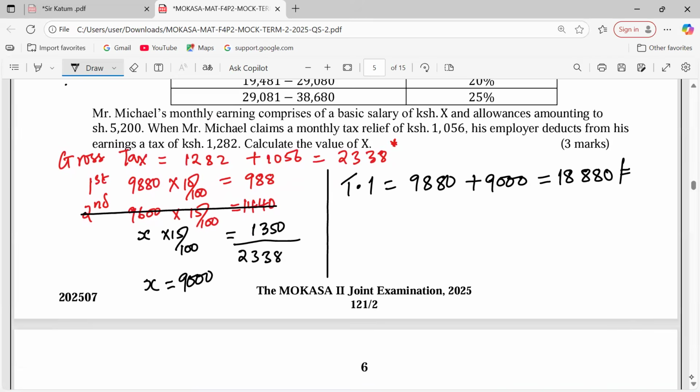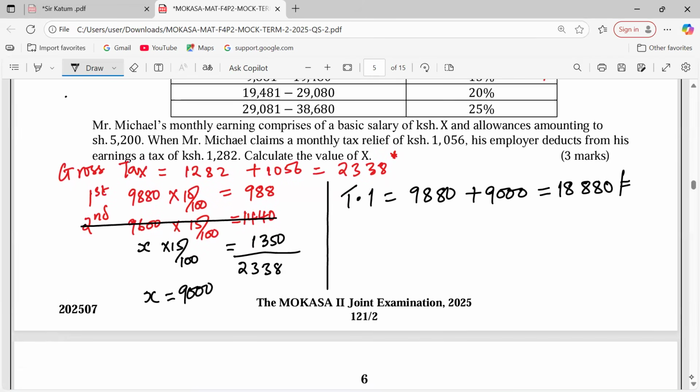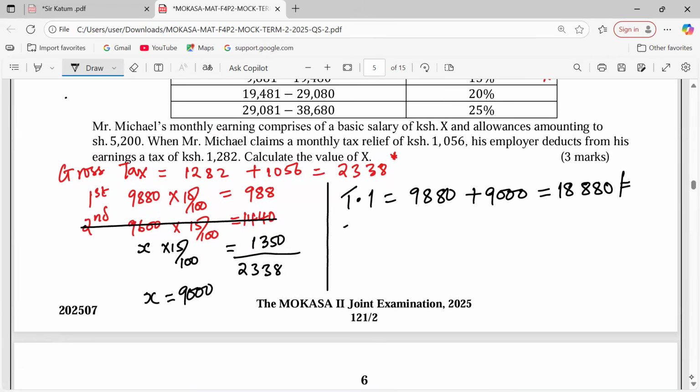But now what are we finding? Calculating the value of X, which is the basic salary. Taxable income is usually given by basic salary plus taxable allowances. So 18,880 equals X plus allowances for Mr. Mike, 5200.